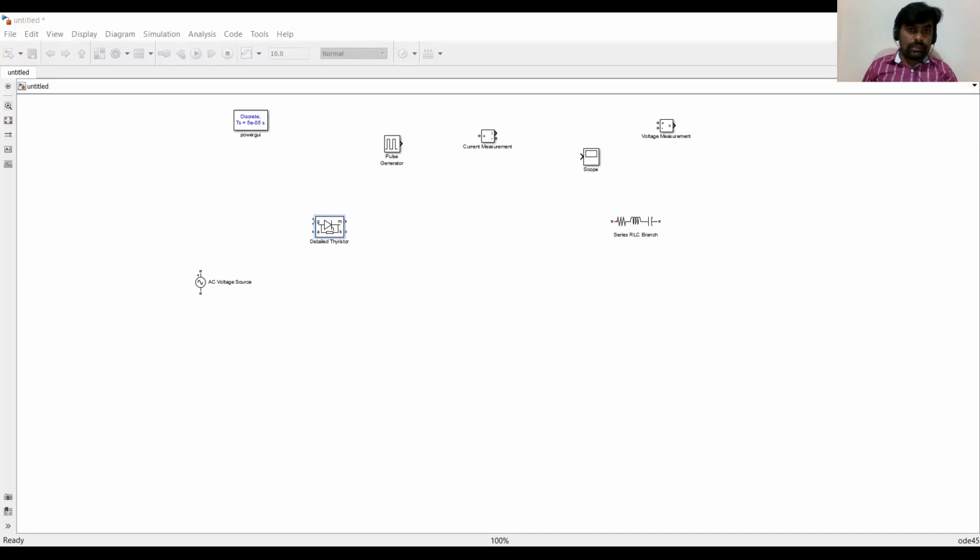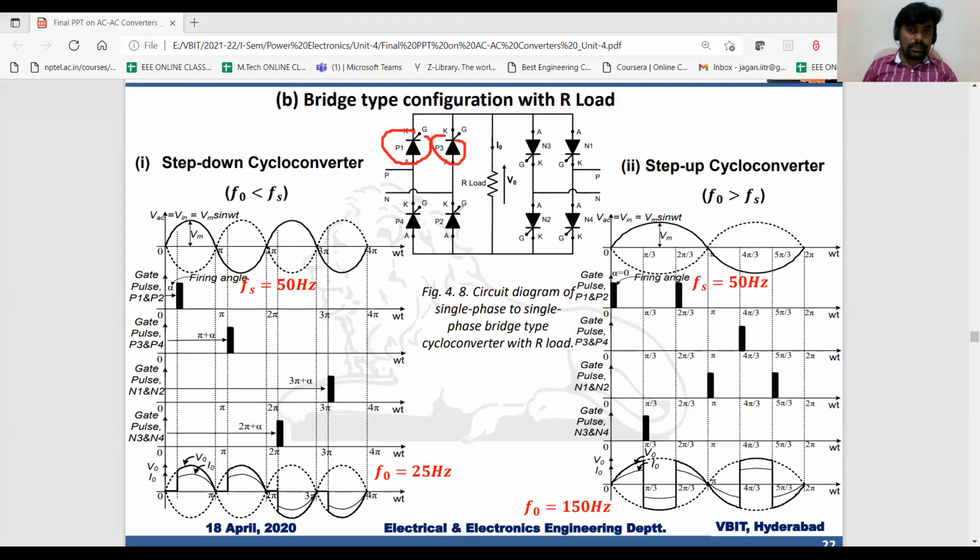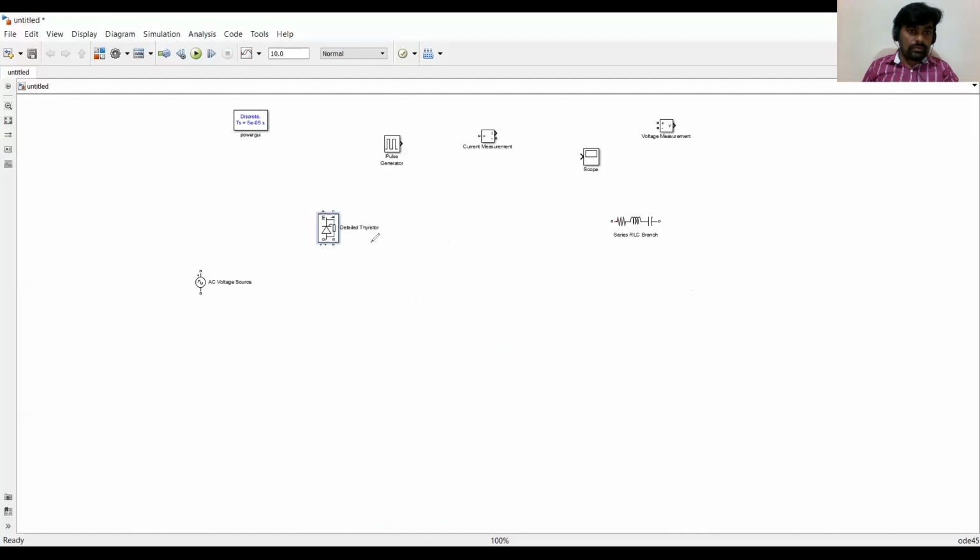So now you can see this is thyristor P1, P3, P2, P4, right? Same thing I am going to see there, P1, P3. Now I will rename this thyristor to P1. Then here we will have P3, P2, P3, and P4.